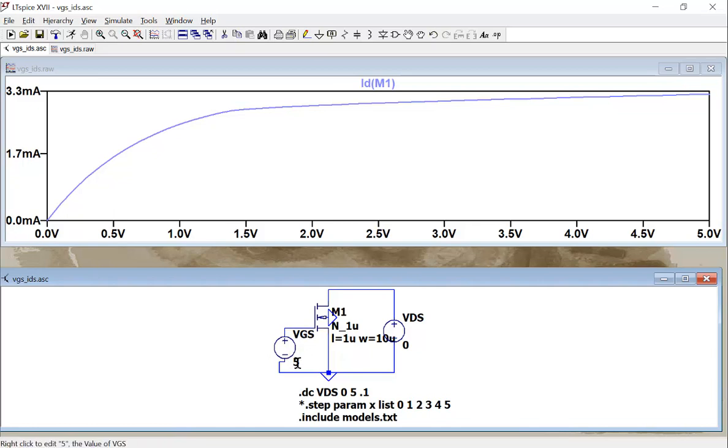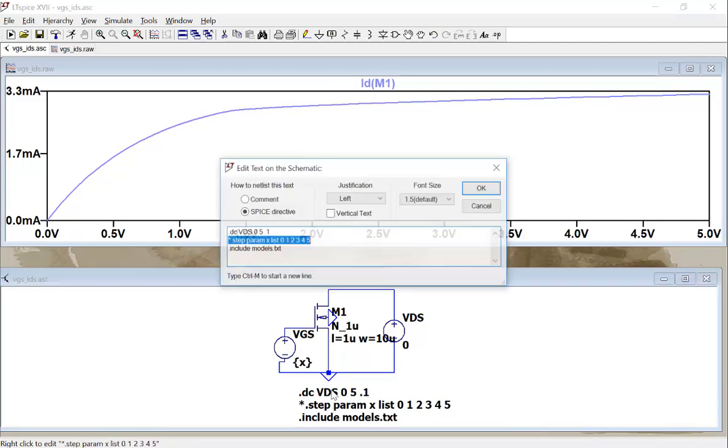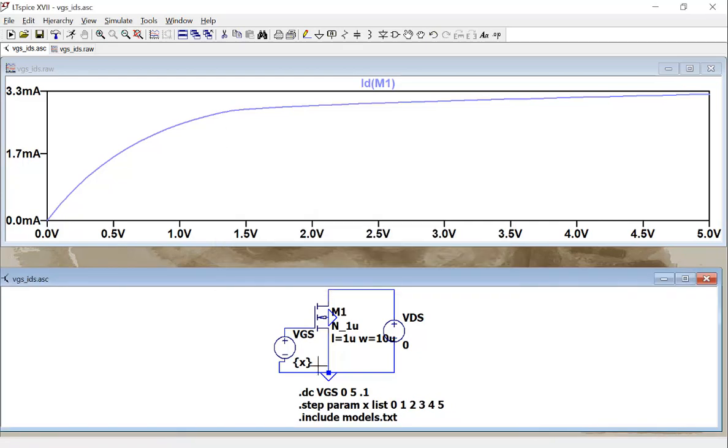And if we want to have different VGS, let's call it X again, and remove that asterisk here to uncomment it. Okay, and now we are sweeping VGS. Rerun it.